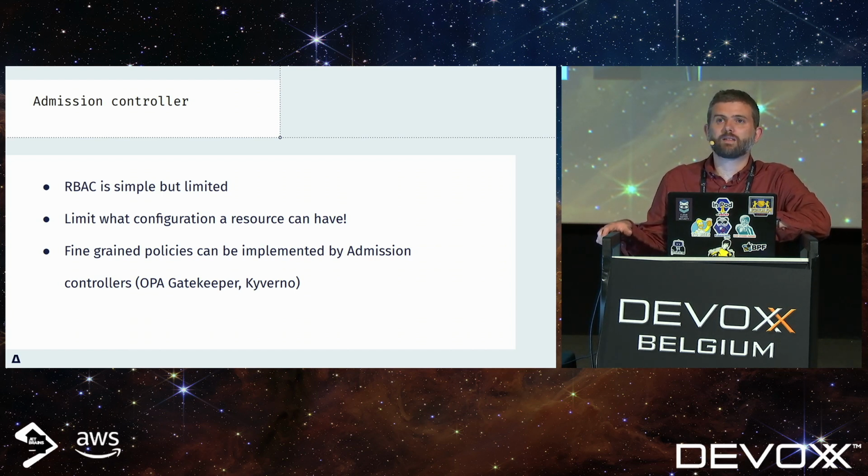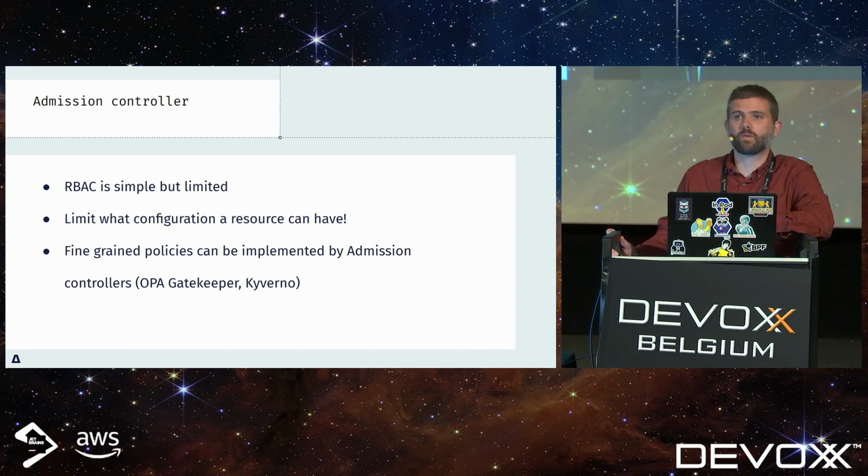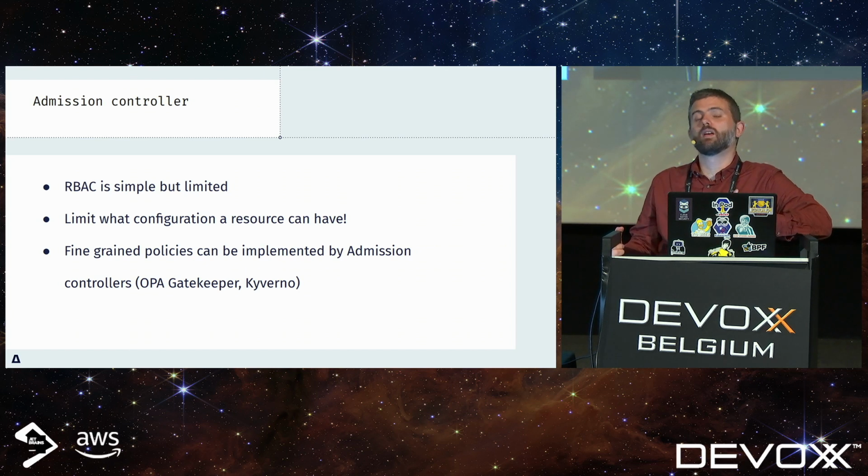Since RBAC, although it's a very good approach, is limited to the header of the HTTP requests against the API server, if we want to create policies and authorizations which are more fine-grained, looking inside the resources which are being updated or pushed to a cluster, it won't help.